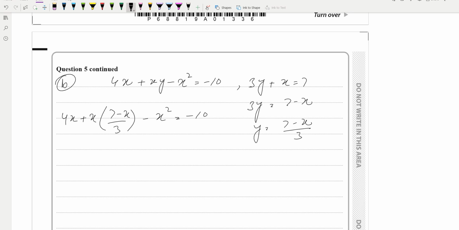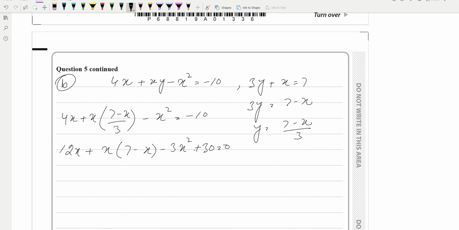Now we can multiply the whole equation by 3 to get rid of this denominator. So it will be 12x plus x into 7 minus x minus 3x squared is equal to minus 30, or we can write plus 30 is equal to 0.